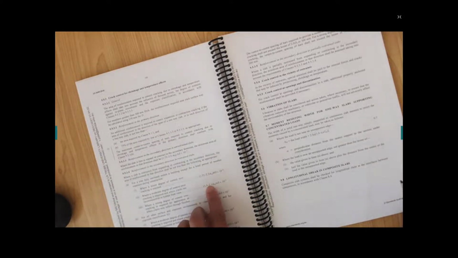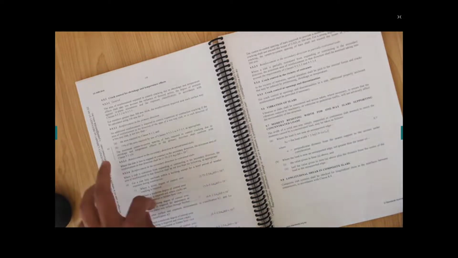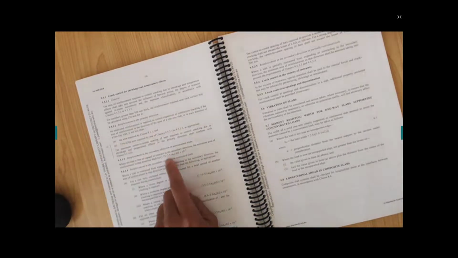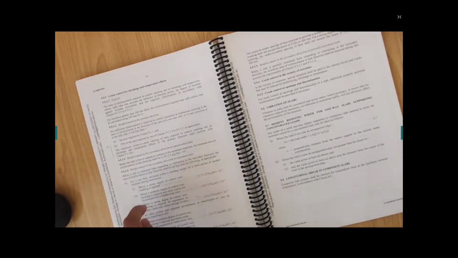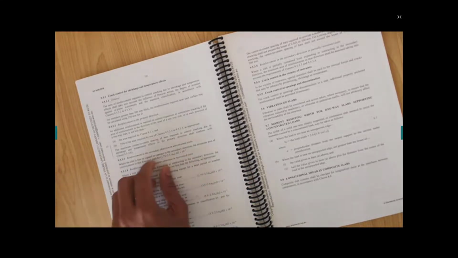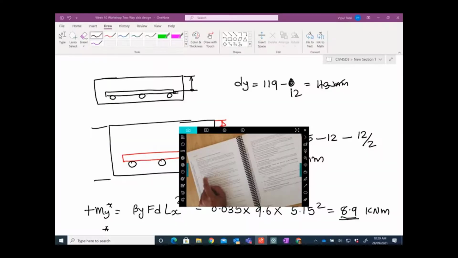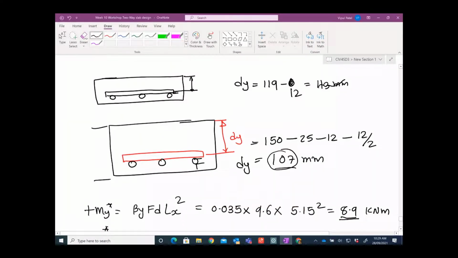You put 3.5, 2.5, sigma CP is 0, b is 1000, d is 150 times this one. So you don't need to multiply by 75. Okay, here in the secondary direction, because we are not working in primary directions. We are working in the secondary direction. Again, same assumption, restrained slab, moderate control and so on. So the only difference between the previous one and this one is that we don't multiply by 0.75. I'm not sure whether I did it or not at that time.